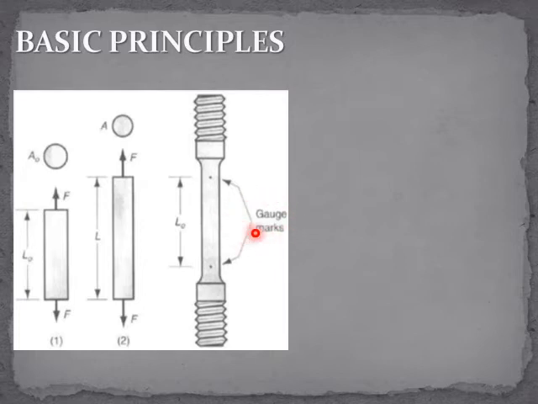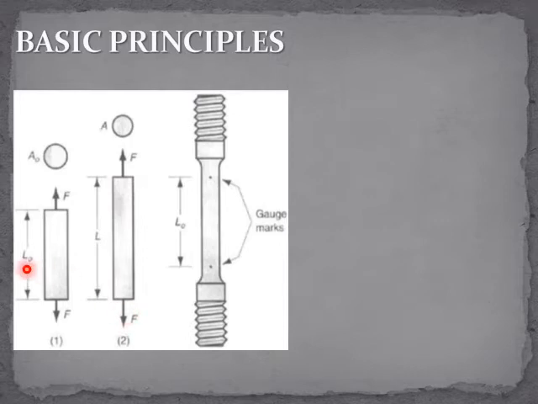With this as reference, how much the material is going to elongate is calculated or measured. When a tensile force F is applied along unidirectional, that is along the y-axis, elongation of the specimen takes place.